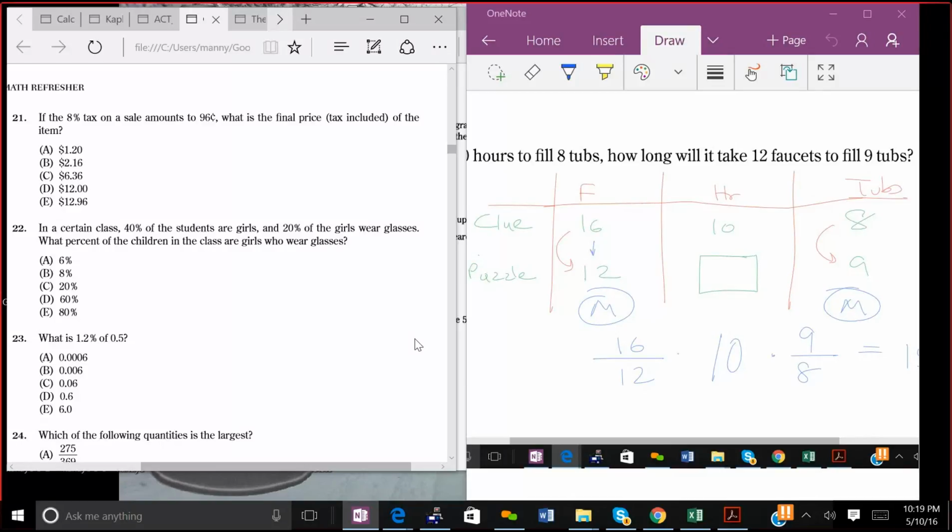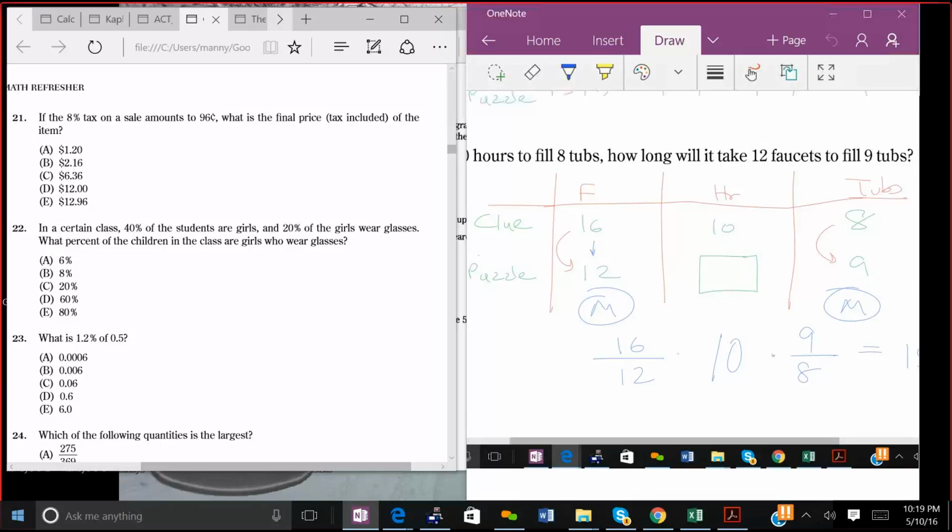Oh, okay, yes. So there's 8, is it B? 8% of the girls wear glasses? Yes, that's it. Cool.